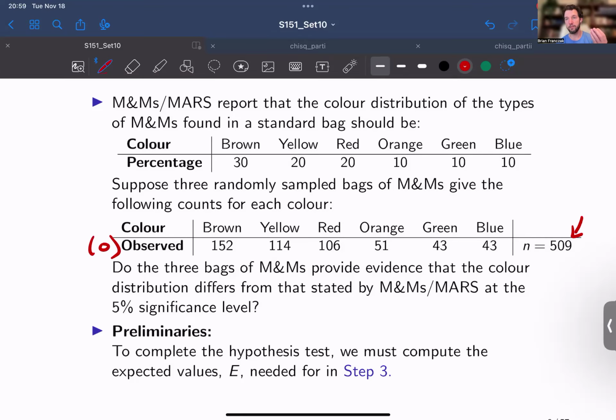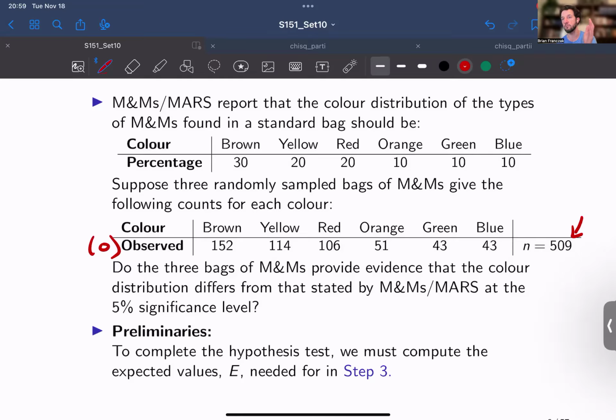With this type of testing, what we're always going to be given is this type of frequency distribution. Here's an outcome for some qualitative value, in this case colors. This is what we actually counted, and then we're told that the true distribution of whatever we're studying has these probabilities associated.